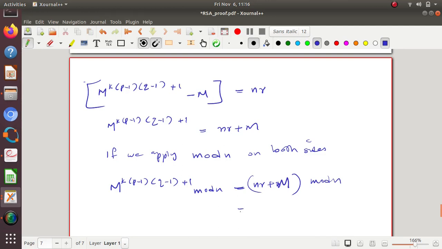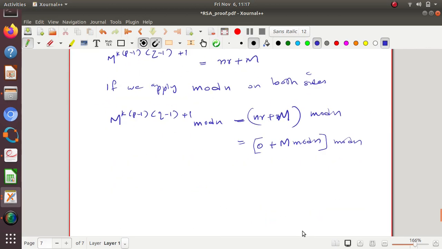But nr mod n will become 0, so this will become (nr mod n plus m mod n) whole mod n. This is actually m mod n.